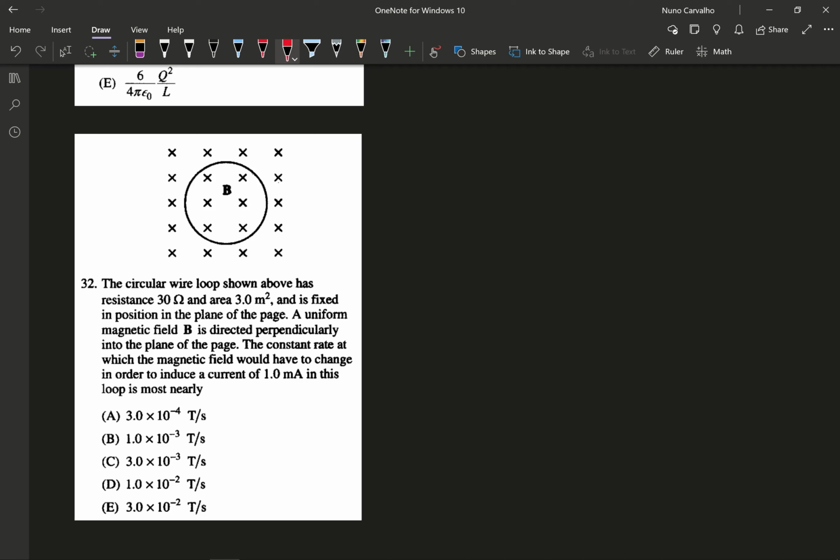So we know that current is given by EMF over R, but then we know that EMF is given by the change in magnetic flux over time. We know that magnetic flux is given by B dot dA, which for all intents and purposes here, everything kind of works out nicely.